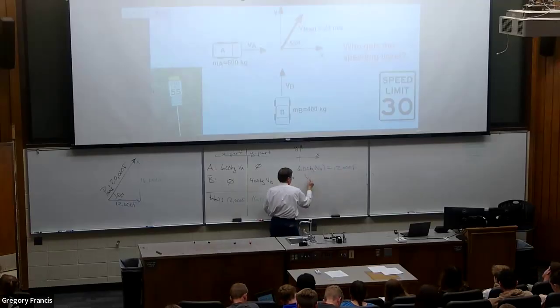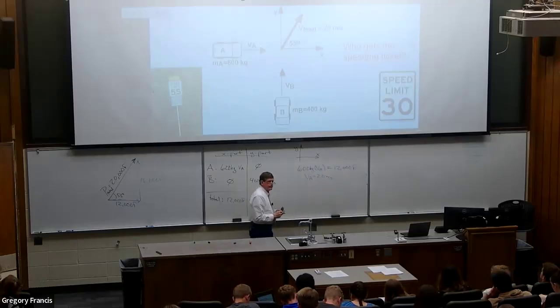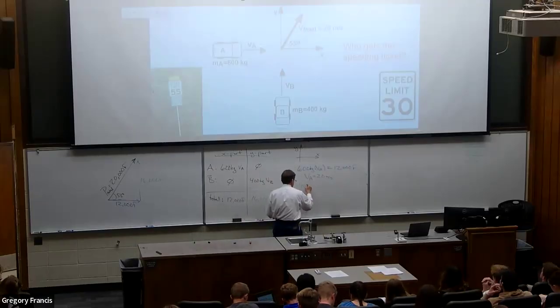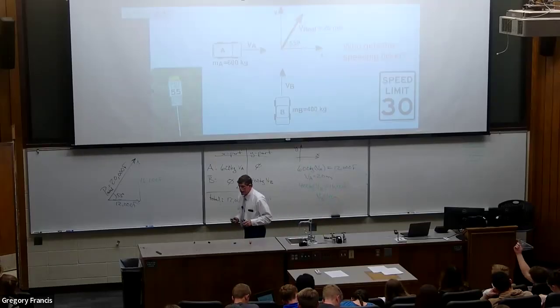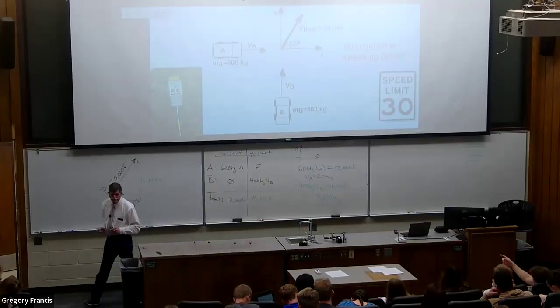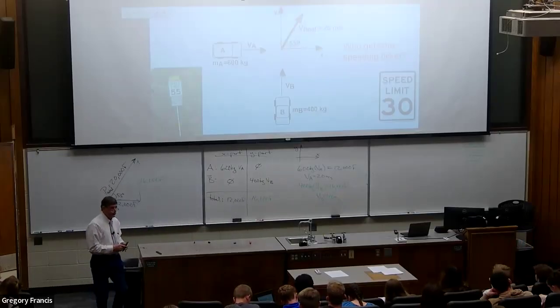That gives me a VA of 20 meters per second. They do not get a ticket. Well, when I add up the Y column, I get 400 kilograms times VB is equal to 16,000. And that gives me a VB equal to 40 meters per second, over 80 miles an hour. They need to be thrown in jail.